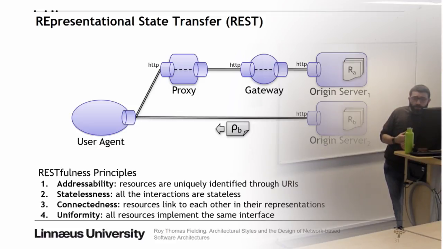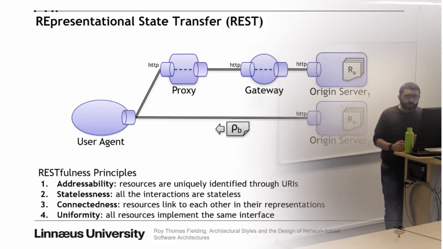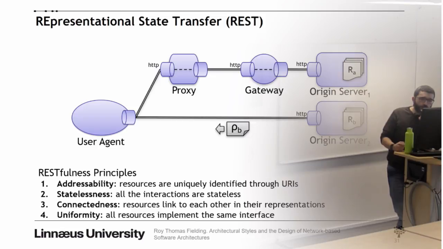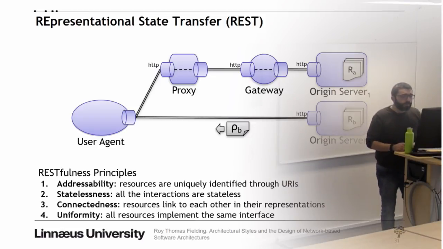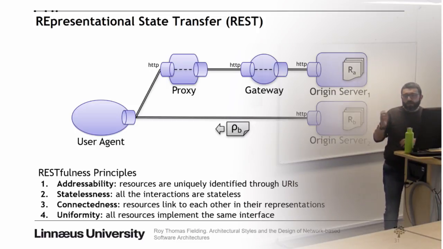Then connectedness. This means that all the resources can link to each other in their representation. That's what we have when we navigate the internet by means of links. You connect to a web server, it returns a representation of its internal data, a web page, and within this web page you can find links to other resources, which are other pages or other servers around the internet.